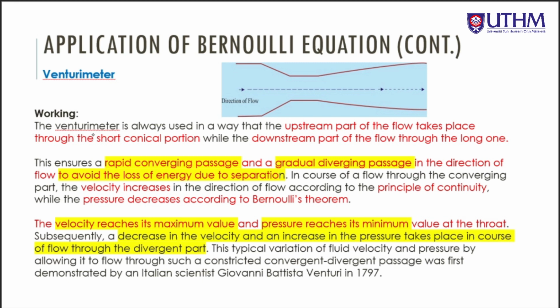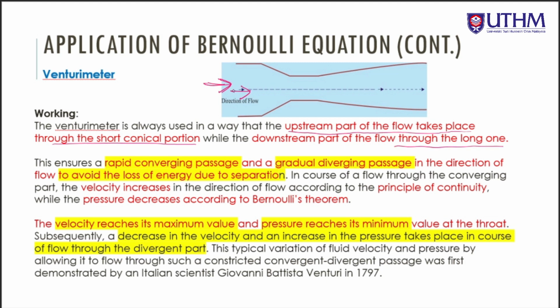Okay, so usually the ventrimeter is always used in a way that the upstream part of the flow takes place through the short conical portion. So sini is the upstream. Upstream akan selalunya lalu dari arah short conical portion, while the downstream part is the flow through the long one.